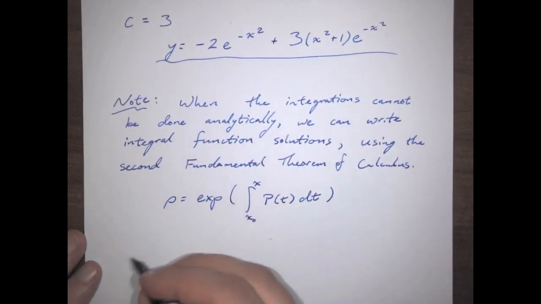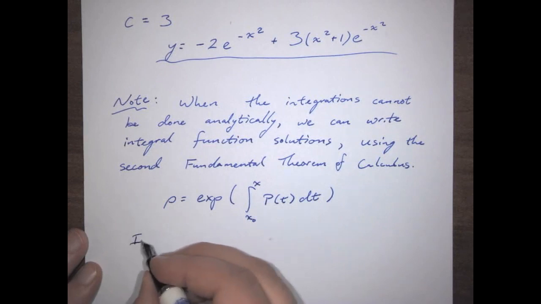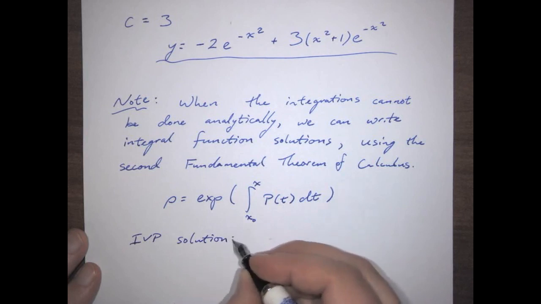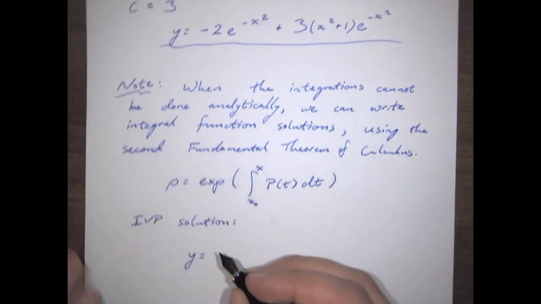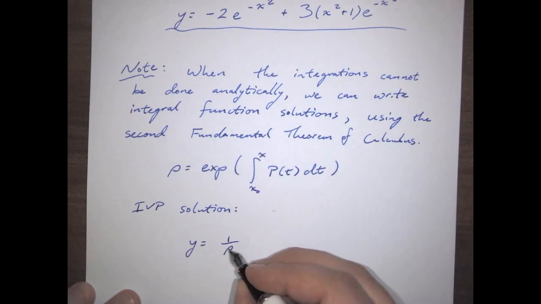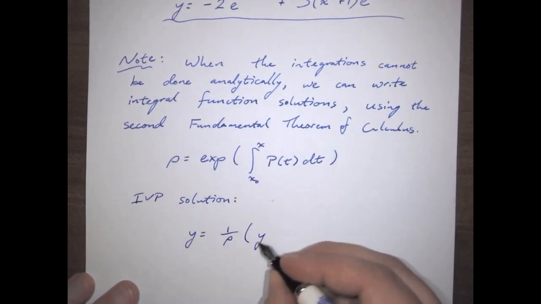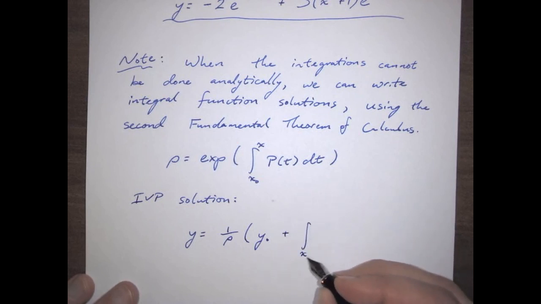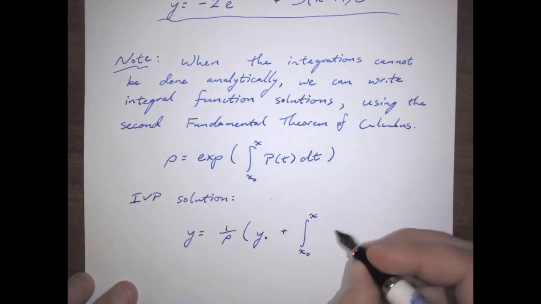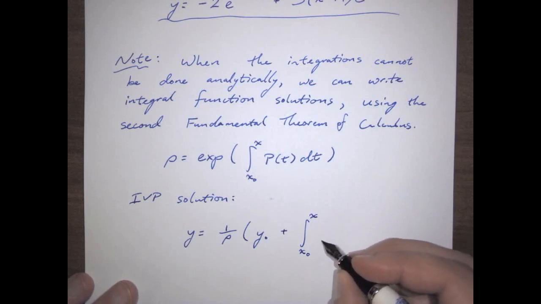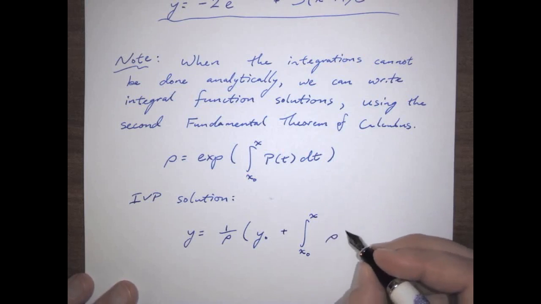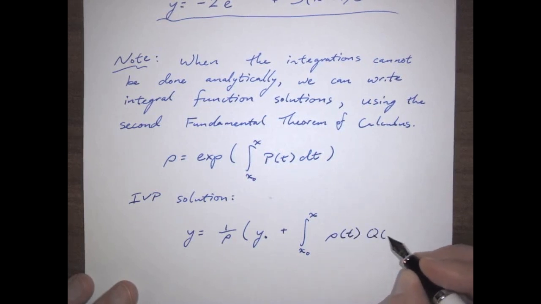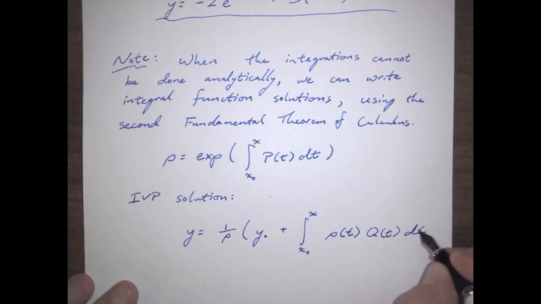And then the initial value problem solution would look like y is equal to 1 over rho times y naught plus the integral from x naught to x of rho of t times q of t dt.